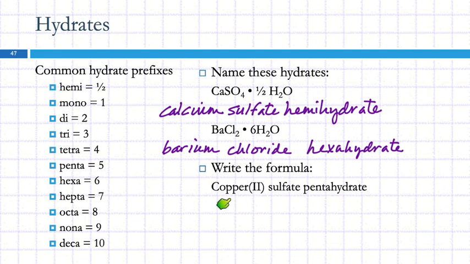Then we can also take the name and write the formula. When we're writing formulas for ionic compounds, we do need to look at the individual ions with their charges to figure out how to put them together. So copper is Cu. What's the charge? 2. 2 plus. It says it right here.